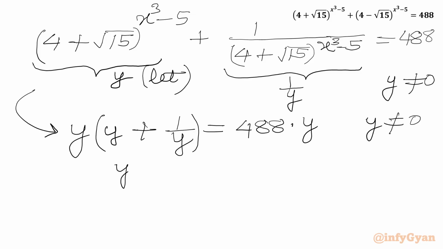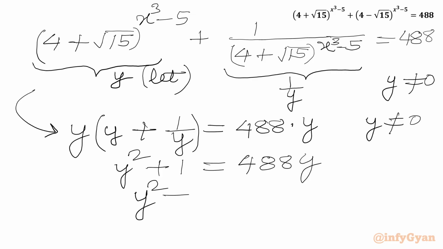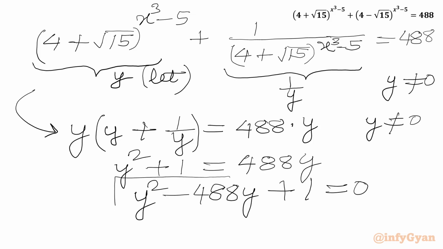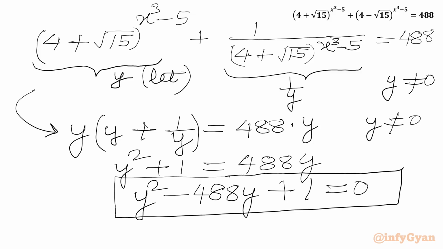So we will get one quadratic in y: y² + 1 equal to 488y. Or I can write our quadratic y² − 488y + 1 equal to 0. Now we have to solve this quadratic equation for the value of y.